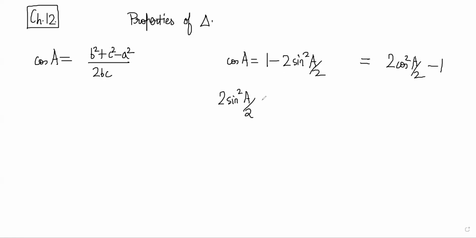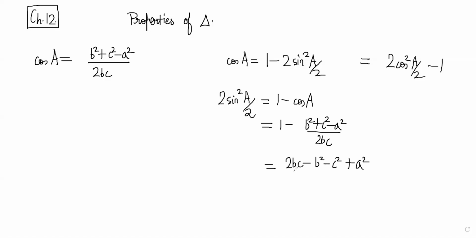We'll say 2 sine square A by 2 is 1 minus cos A. We'll use the cosine rule here. 1 minus b square plus c square minus a square by 2bc, which becomes 2bc minus b square minus c square plus a square by 2bc, which is basically a square minus (b minus c) whole square by 2bc, right?